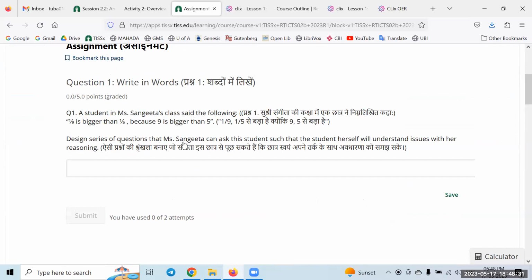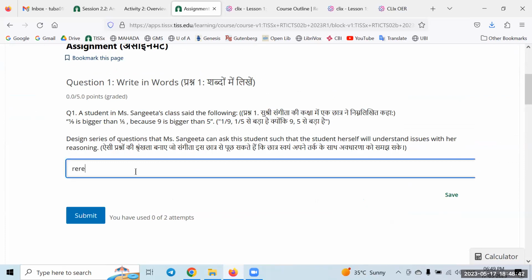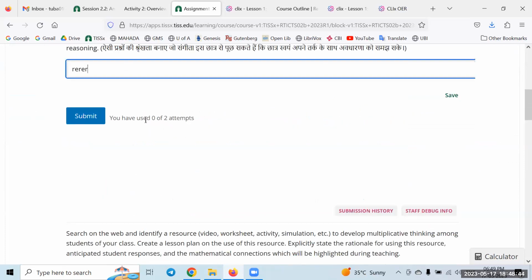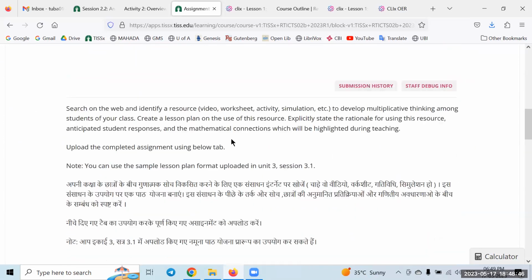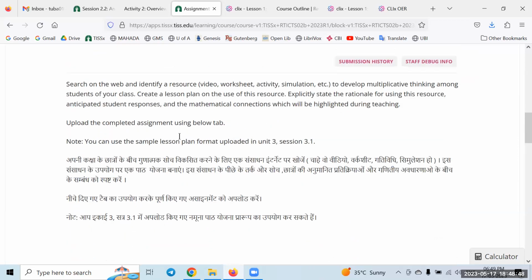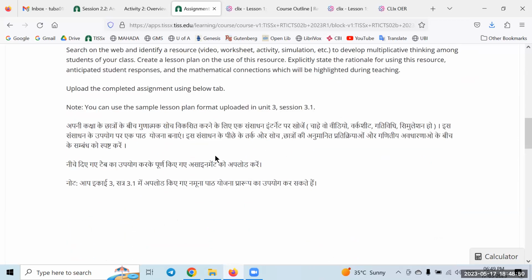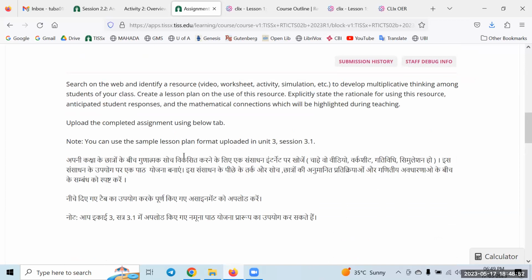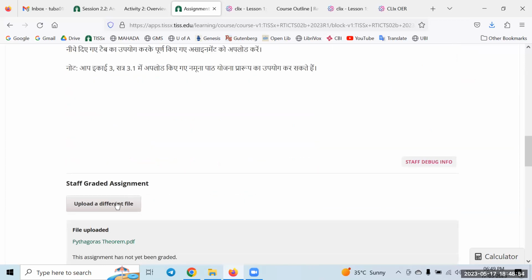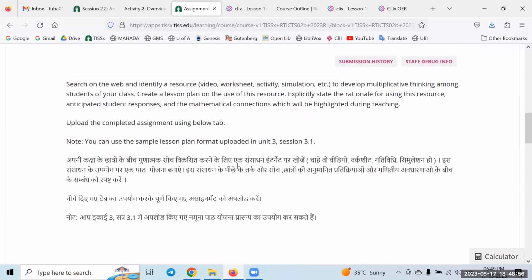Design a series of questions that Miss Sangeeta can ask such that the student herself will understand the issues with her reasoning. You just write your answer here and then submit. You will have 2 attempts. There is another assignment where you have to write it and upload it as a Word file or PDF.